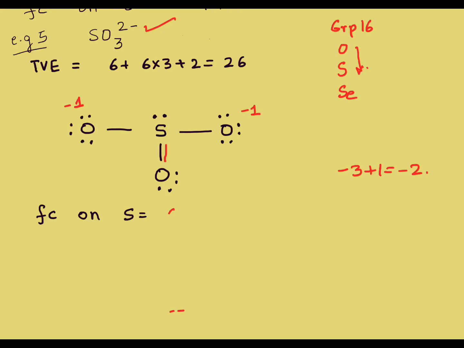Go ahead. You have 6 minus the 4 bonds minus the lone pair of electrons, and we have a 0 over here. Isn't this a better proposition, where the host is happy and satisfied? Because if the host is happy, the host will take care of its guest. And in all this, the interesting deal is the charge is still -2.